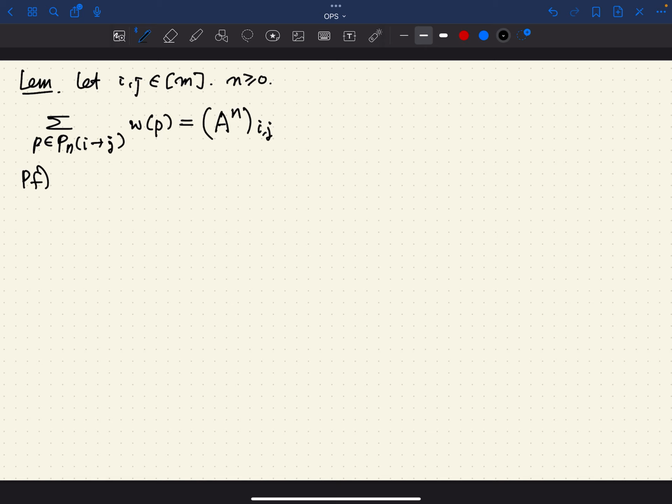And the proof is really immediate, I would say, from the definition of the multiplication. What does multiplication of two matrices mean? This means generating function for the sum over all, I don't know.